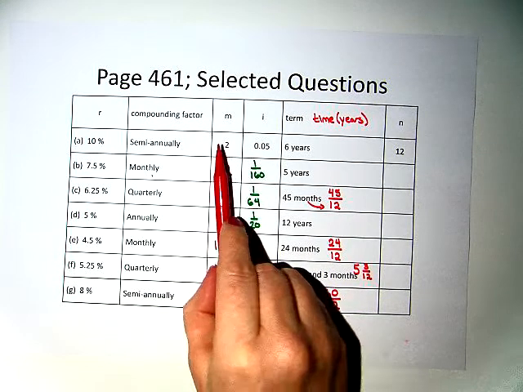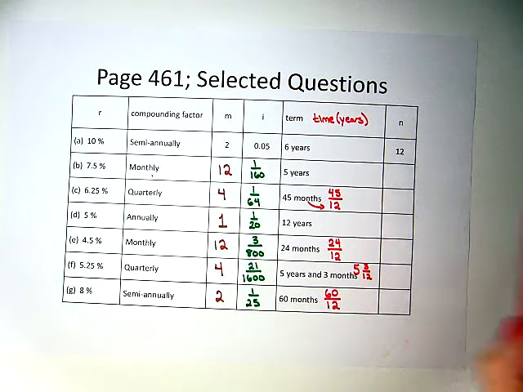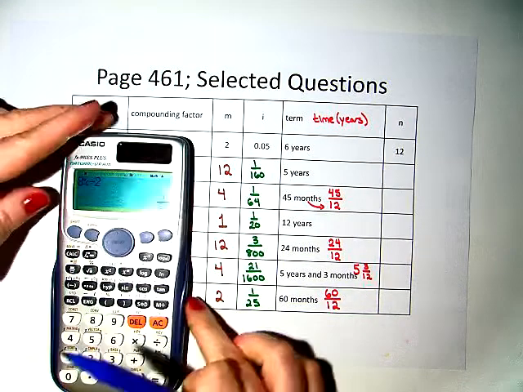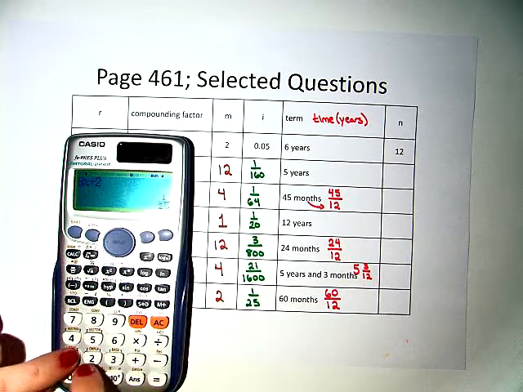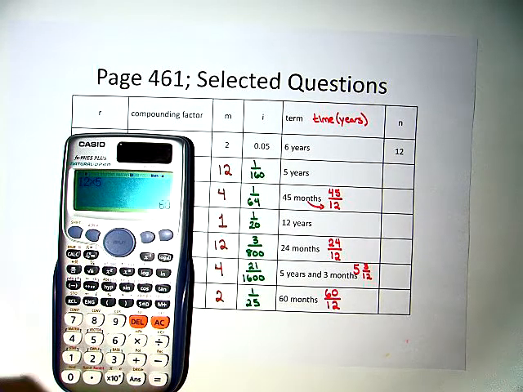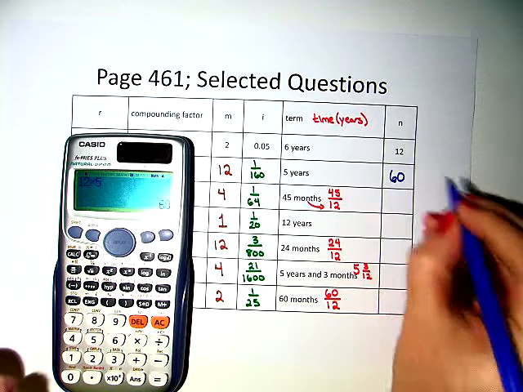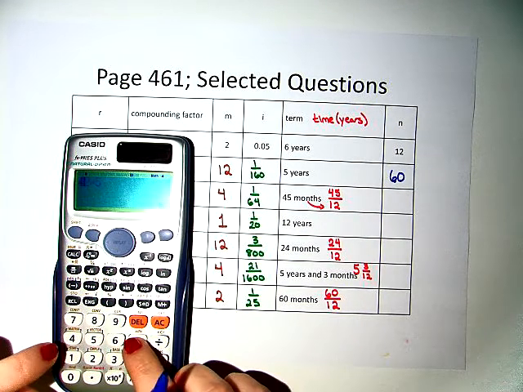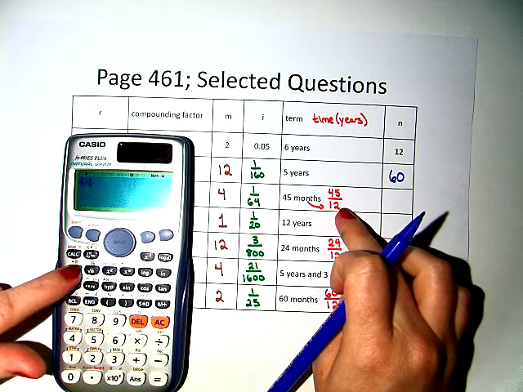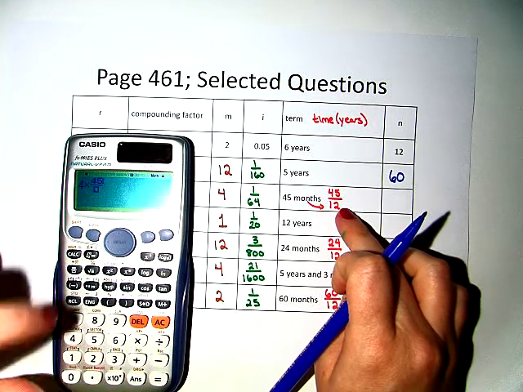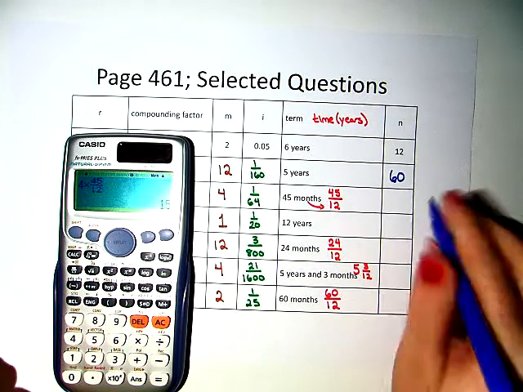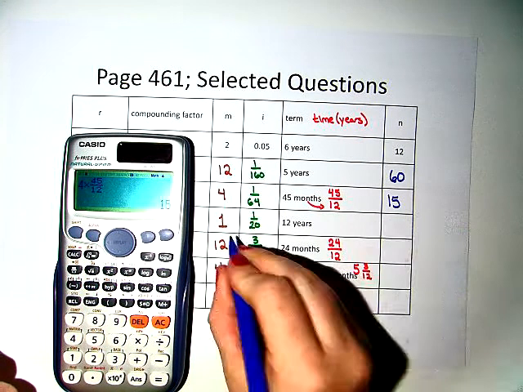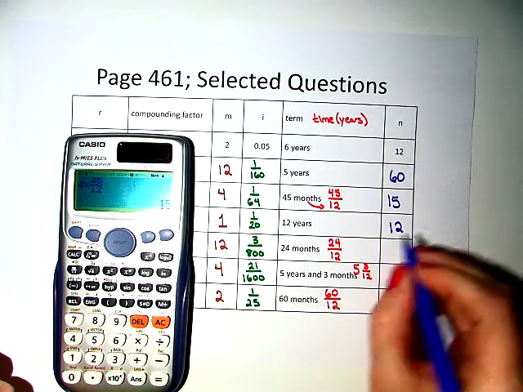So let's multiply our M by our time to get our N. So our M is 12 times 5. So 12 times 5 gives me 60. Okay? 4 times, we make it a fraction, 45 over 12 gives us 15. 1 times 12 is 12.